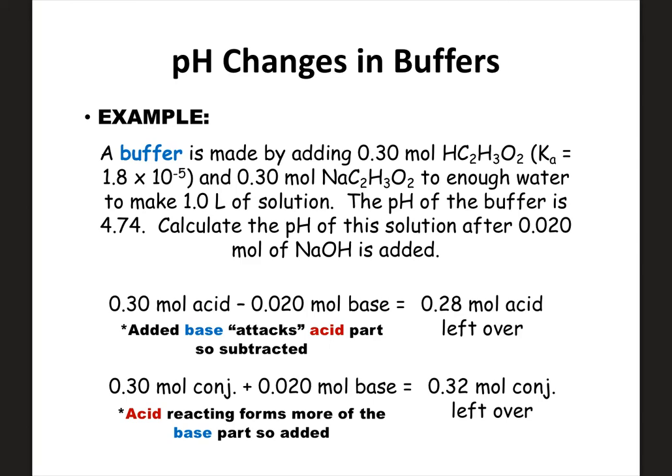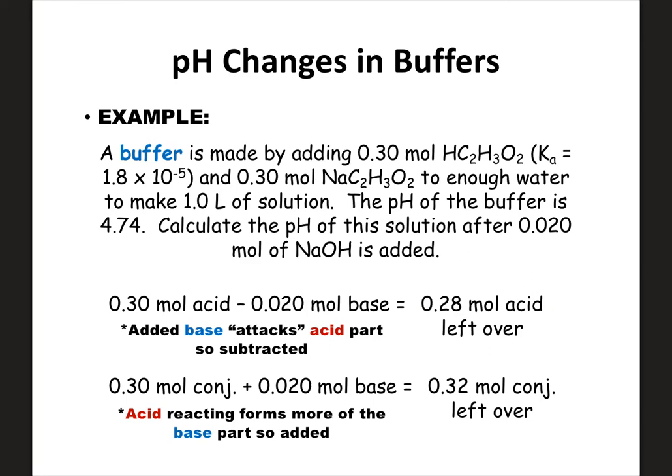But in the process, some of that acid gets used up as it's reacting with and destroying the base. So you take the moles of acid that were in your buffer, subtract away the moles of base that are being destroyed, and you have that many moles of acid left over.